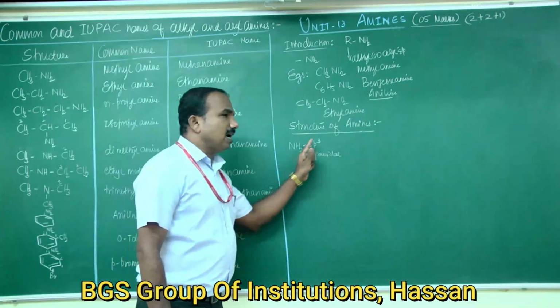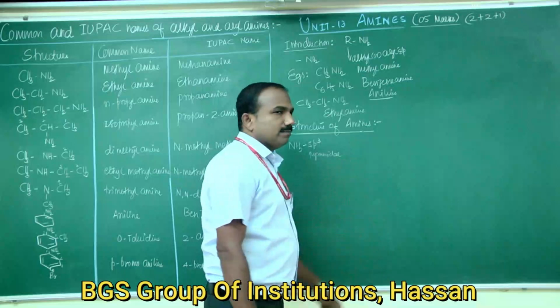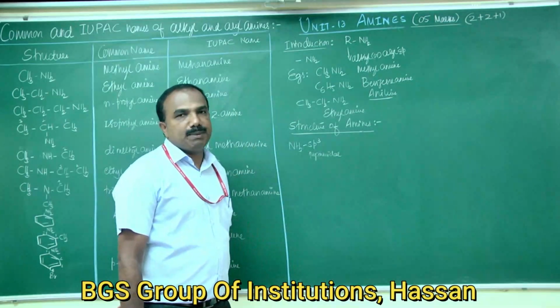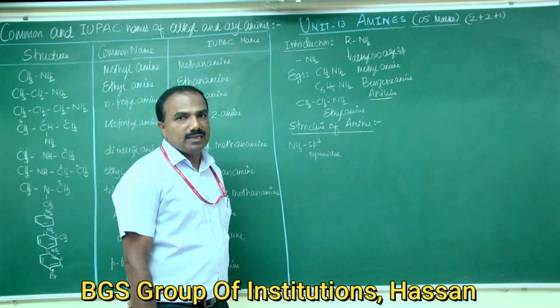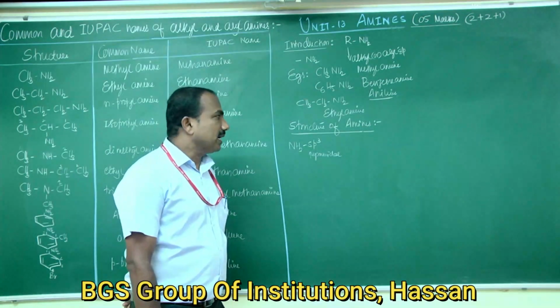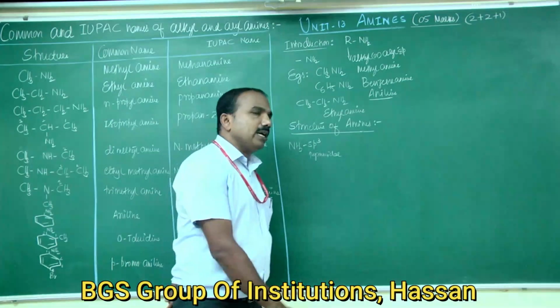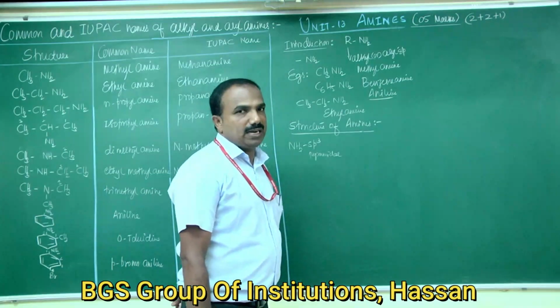Like ammonia, amines are trivalent and undergo sp3 hybridization containing one unshared pair of electrons on the nitrogen atom.